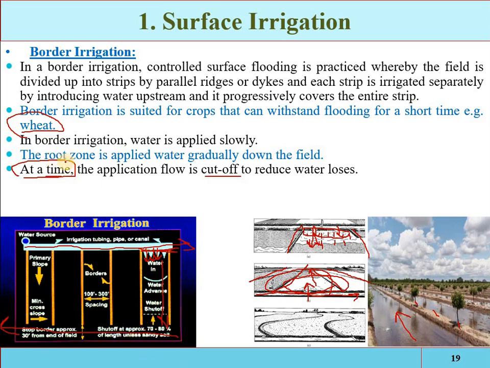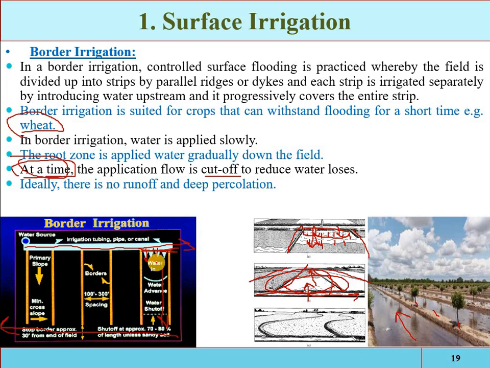So this is the most important parameter, when you have to stop the inflow of water into the border. If that is properly determined, then the losses may be reduced, the land will be conserved, the water will be conserved, and the irrigation will be uniformly applied. So ideally there is no runoff and deep percolation.